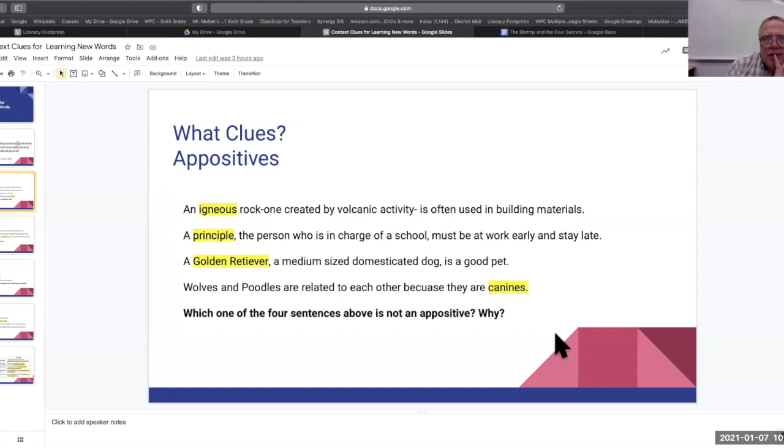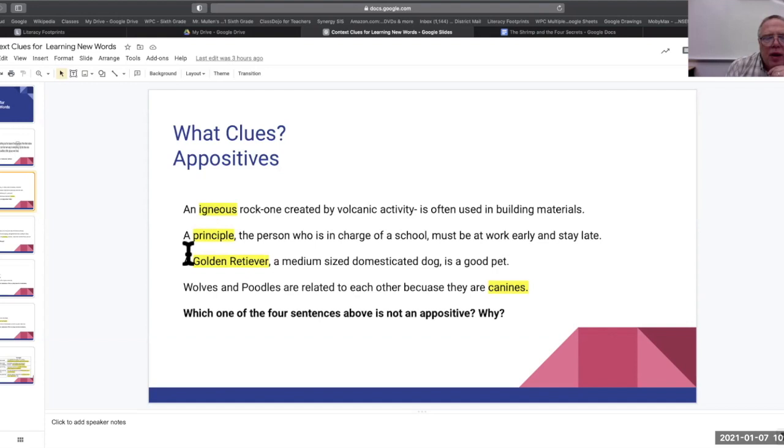So right here we have a definition, don't we? A rock created by volcanic activity. That's an igneous rock. The definition is separated from the rest of the sentence by either a dash or a comma.